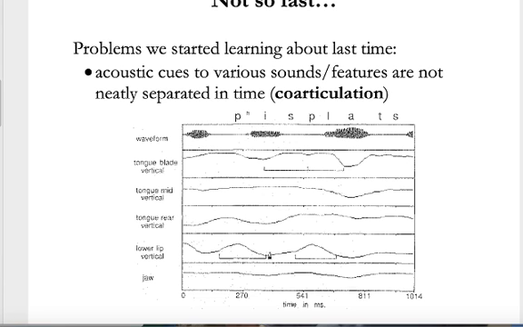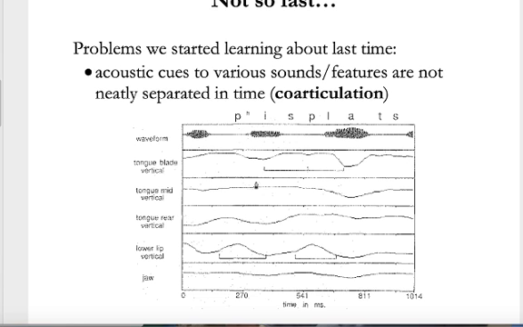These are overlapping in time, and that means if you pick any particular point in this acoustic waveform, you're not just going to have one of these segments happening. You're going to have a whole bunch of different articulatory movements associated with different sounds going on at the same time, all being reflected at the same time in the acoustic record.